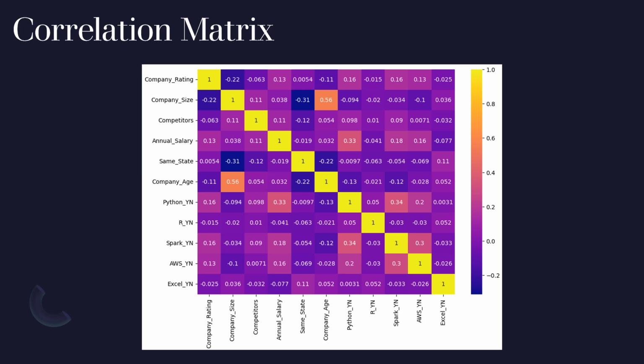That being said, you can see that with a few of the languages. As a matter of fact, AWS and Spark is another mild positive correlation, and between Python and AWS there is a very, very light correlation.